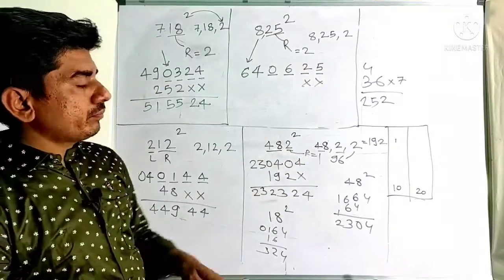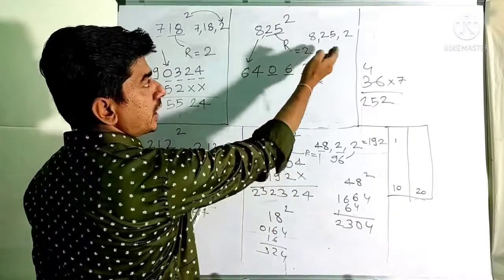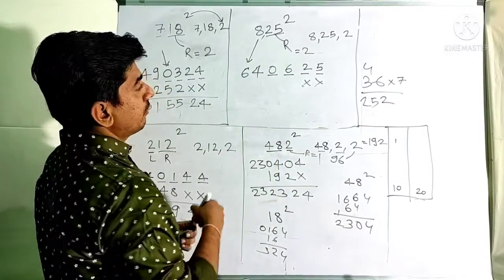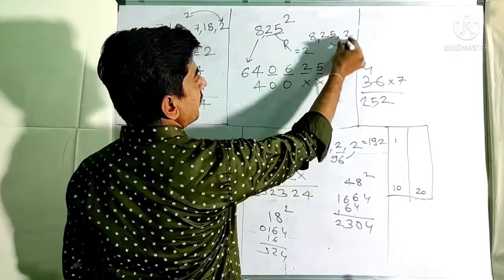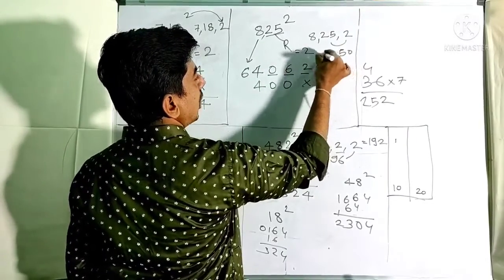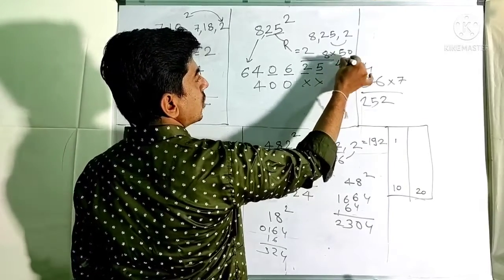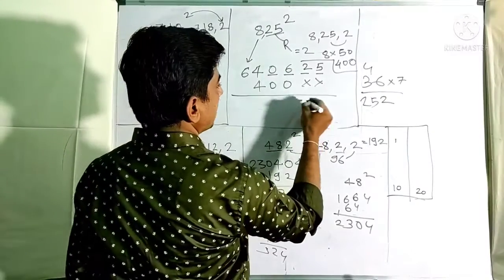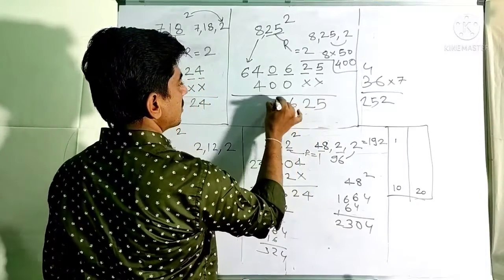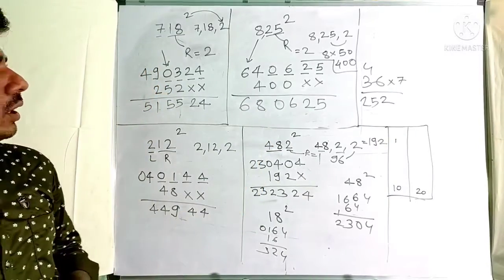Now multiply them. 25 into 2 will be 50. 8 5s are 40. 40 means 400. See, 25 2s are 50. You have to multiply it with 8. 8 5s are 40. And another 0 is remaining here, so I am taking the 400. Now add them. 64, 0625 and 400, the answer is 680625.